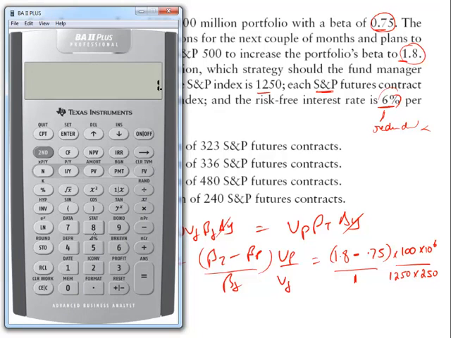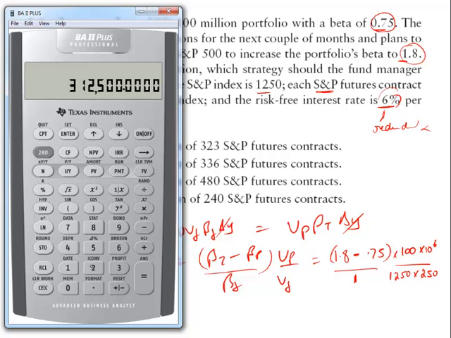So it will be 1.8 minus 0.75 into 100 into 10 to the power 6. We'll store this in 1. We'll calculate 10 raised to power 6, multiplied with recall 1, store it in 1 again, and 1250 multiplied by 250 can also similarly be calculated.